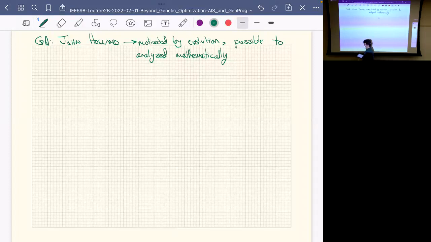Other people at the time were less worried about the math. If you're interested, look up genetic algorithm schema. These are the mathematical tools used to analyze what exactly happens when things recombine, what happens with mutation, and how we can model this so we can say exactly what a GA is doing. That was Holland's focus.